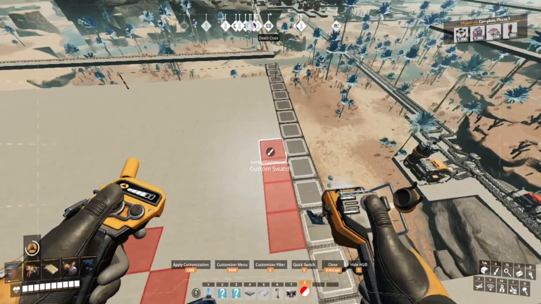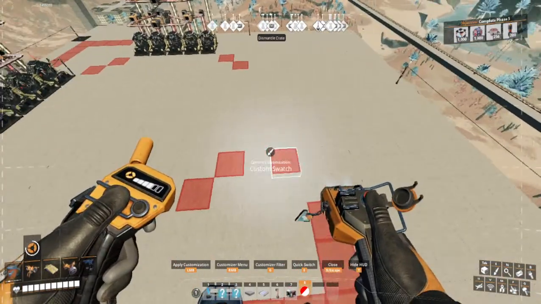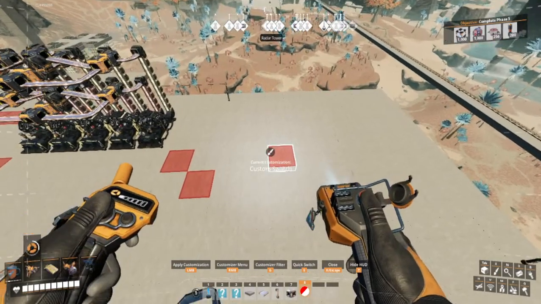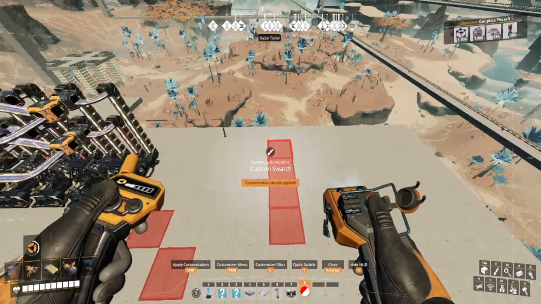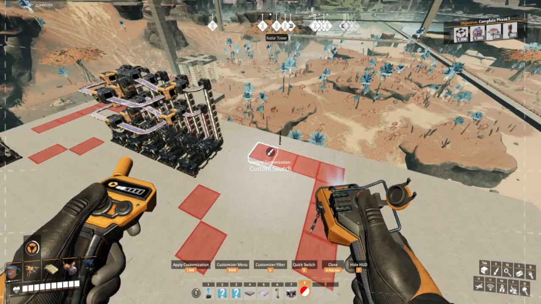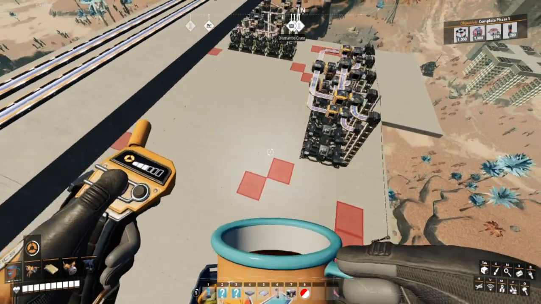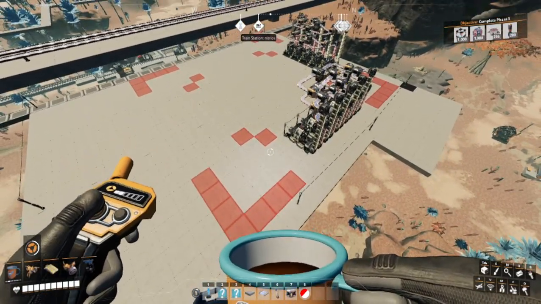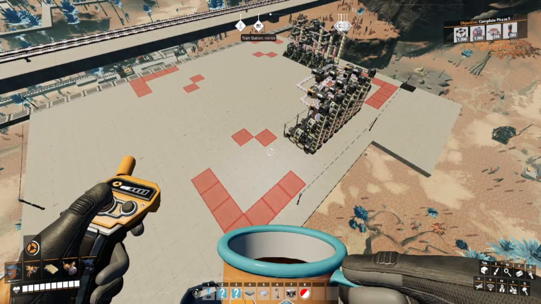Oops. Right there. That would be the build side. The red on red, red corners on red corners. That would be 120, right?